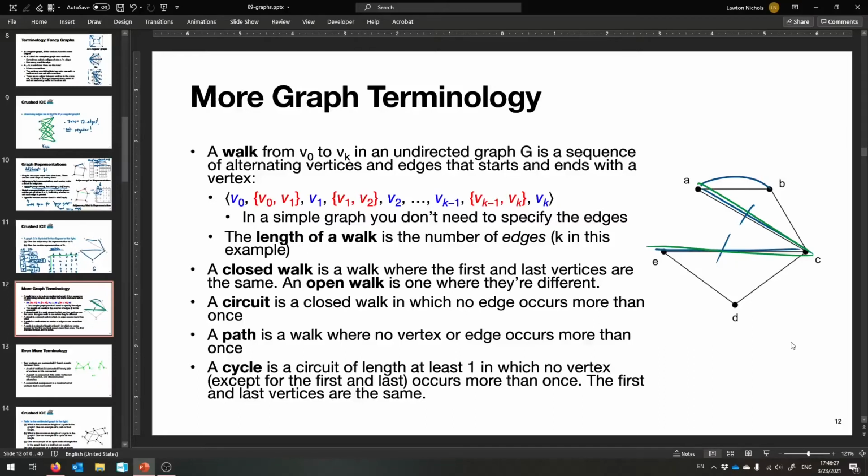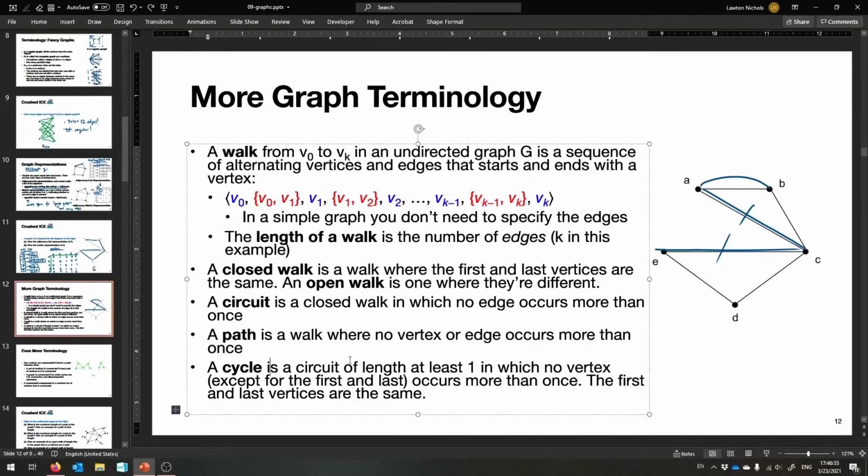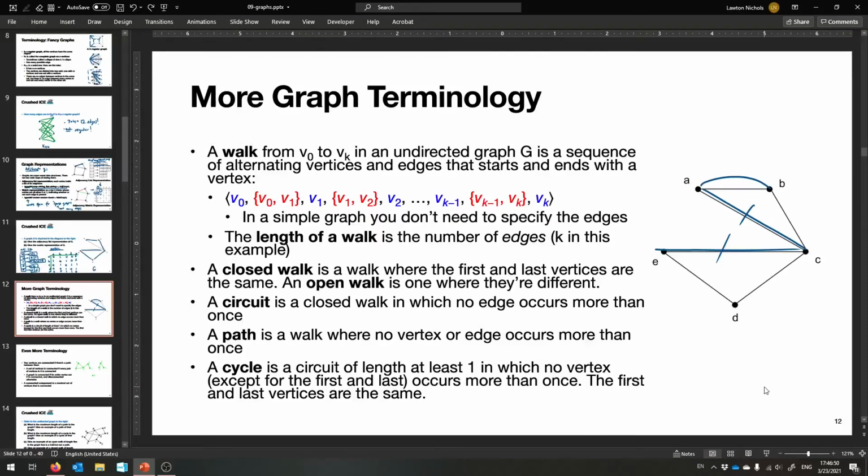All right, and then finally, we have cycles. So a cycle is a circuit, which remember, is a closed walk where no edge occurs more than once, and it's a circuit of at least length 1 in which no vertex except for the first and last occurs more than once.